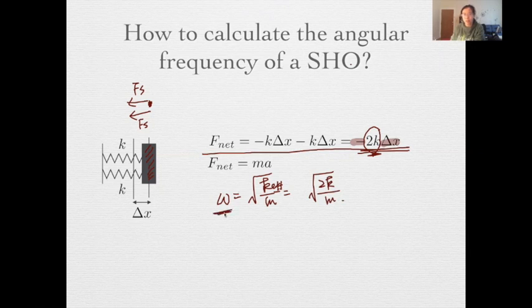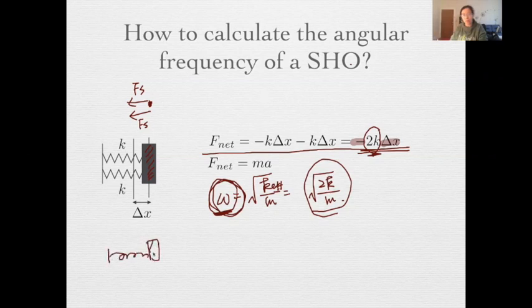So the frequency of this system is the square root of 2k over m. Compared to only a one-spring system, this has a higher frequency, because it has a square root of 2 here. So this one will oscillate faster.